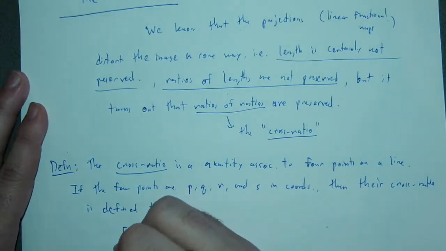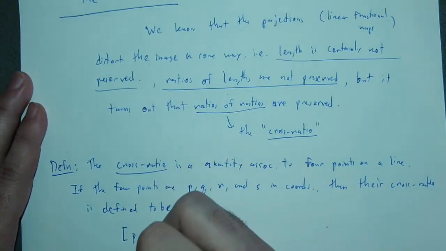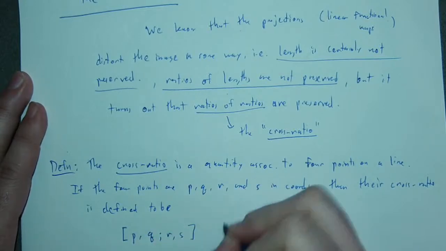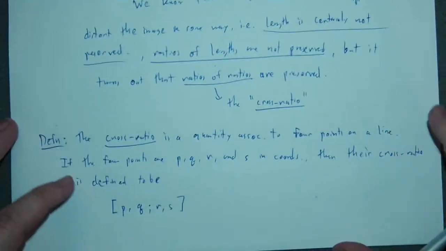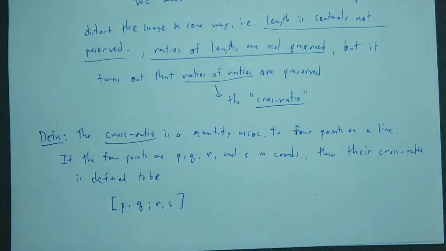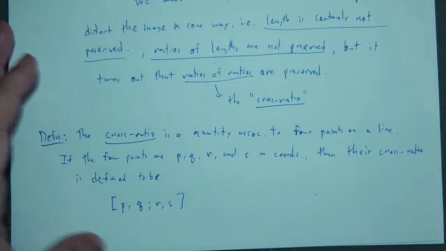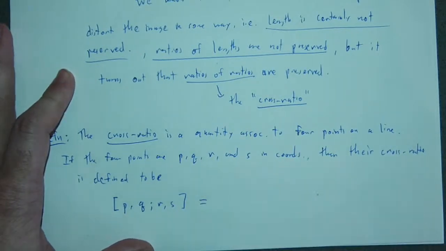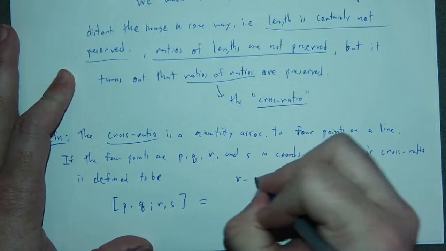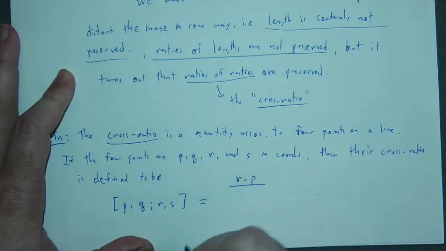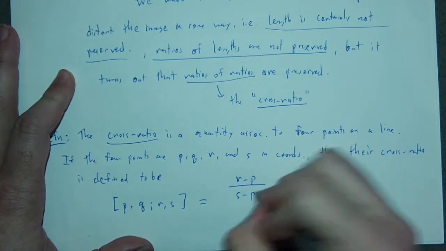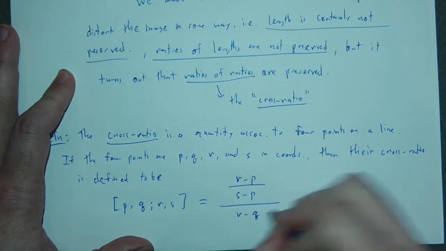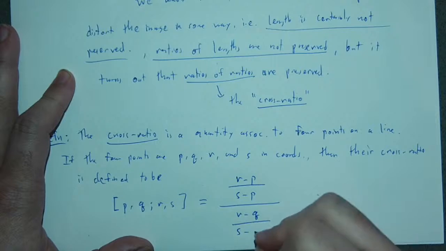We're going to use this notation [P, Q; R, S] framed by square brackets. To see that it's a ratio of ratios, it is (R minus P) over (S minus P), over (R minus Q) over (S minus Q).